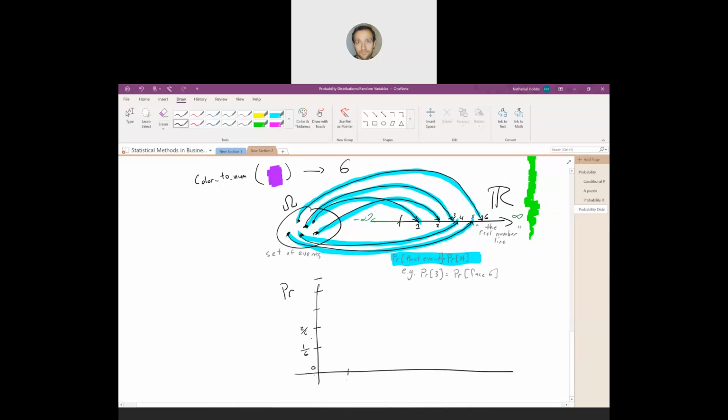And then here you have numbers. So here we would have 1, 2, 3, 4, 5, and 6. So along the x-axis, we are putting whatever numbers that things map to are. And along the y-axis is the probability of this happening.